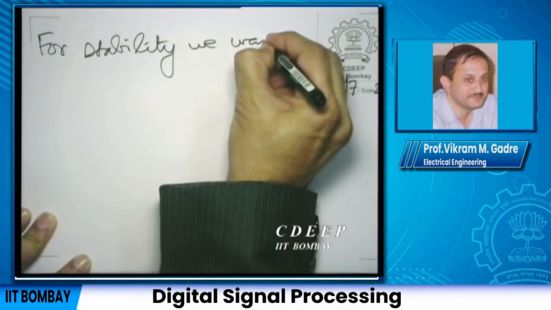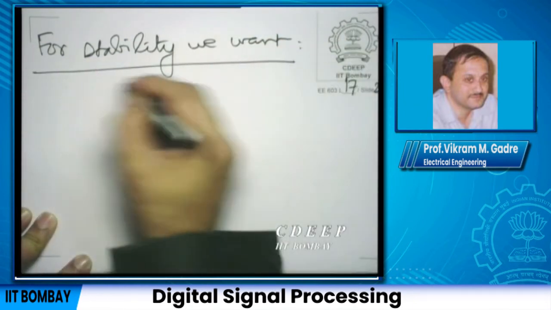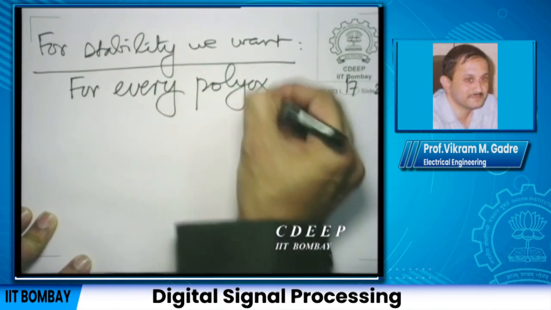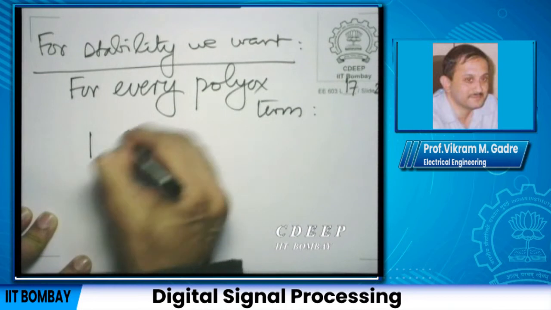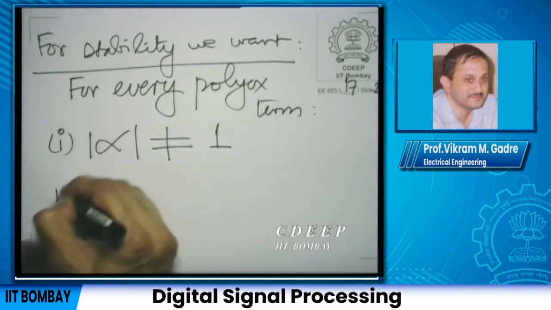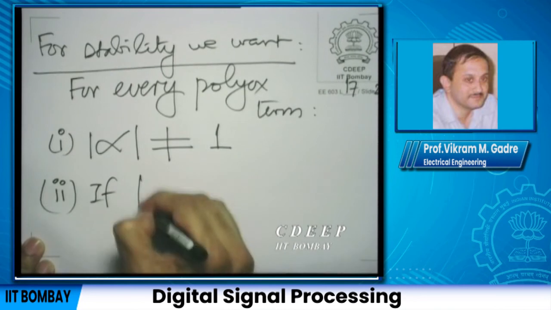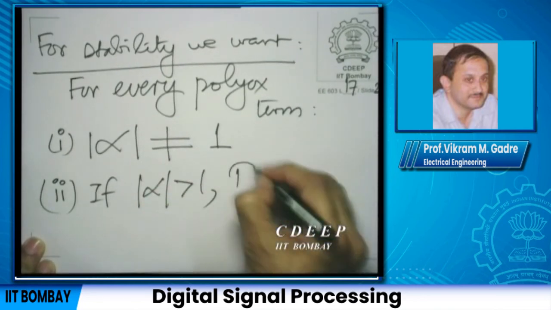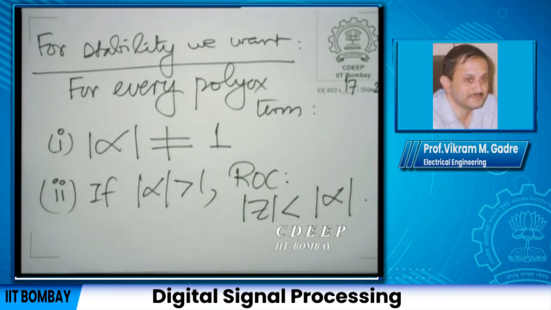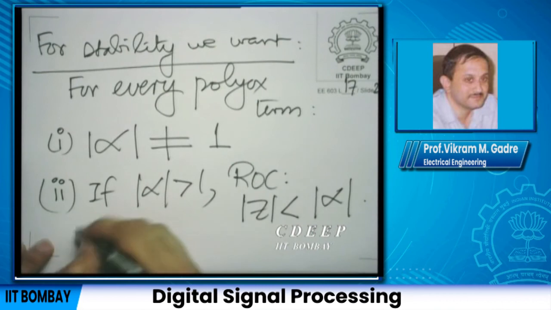For stability, we want for every poly-X term, mod alpha not equal to 1, mod alpha equal to 1 immediately disqualified. If mod alpha greater than 1, ROC mod z is less than mod alpha, because we want it to be left sided.